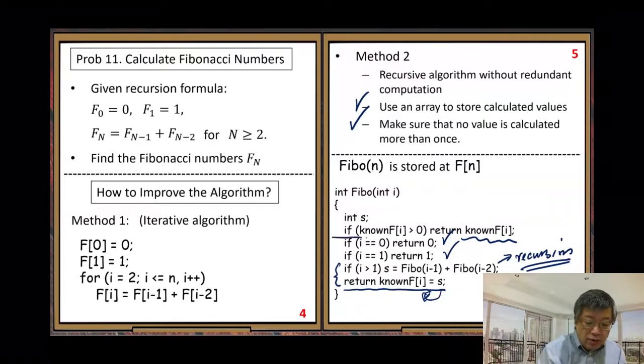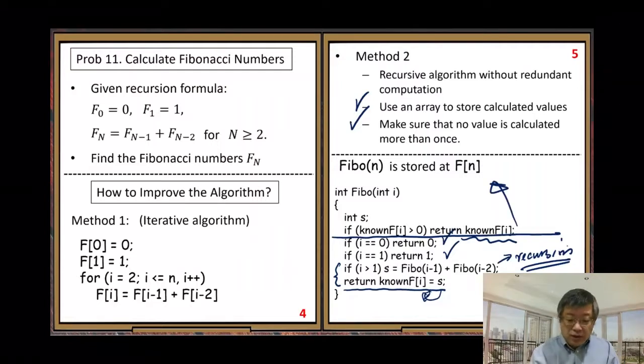When you hit this line, if known f of I is greater than 1, you just return the known value immediately. You do not need to go through all the lines below to do a lot of calculation. You already have the value, just return it.